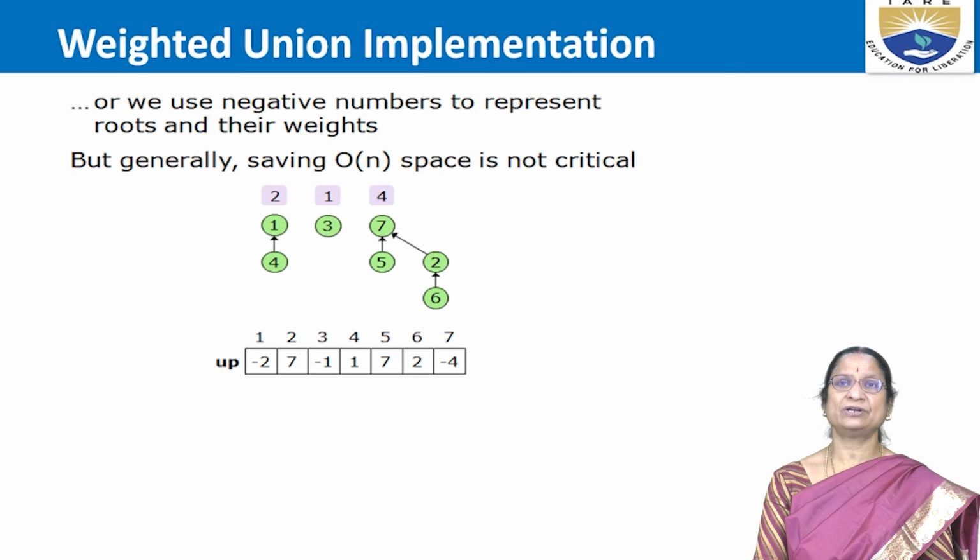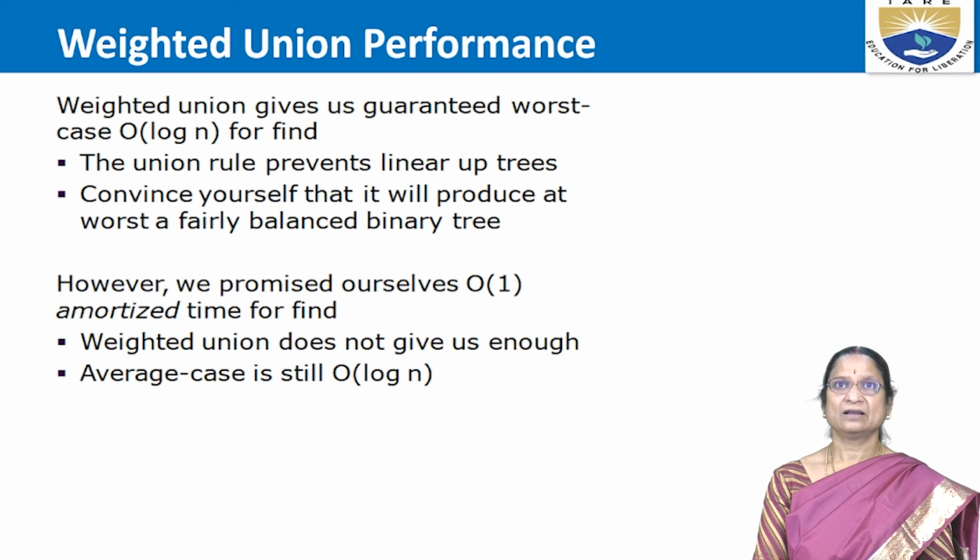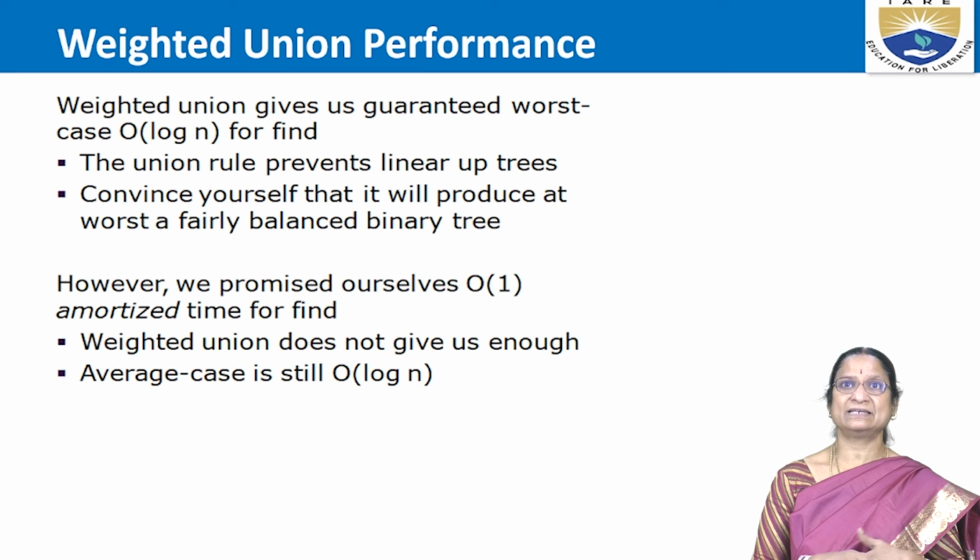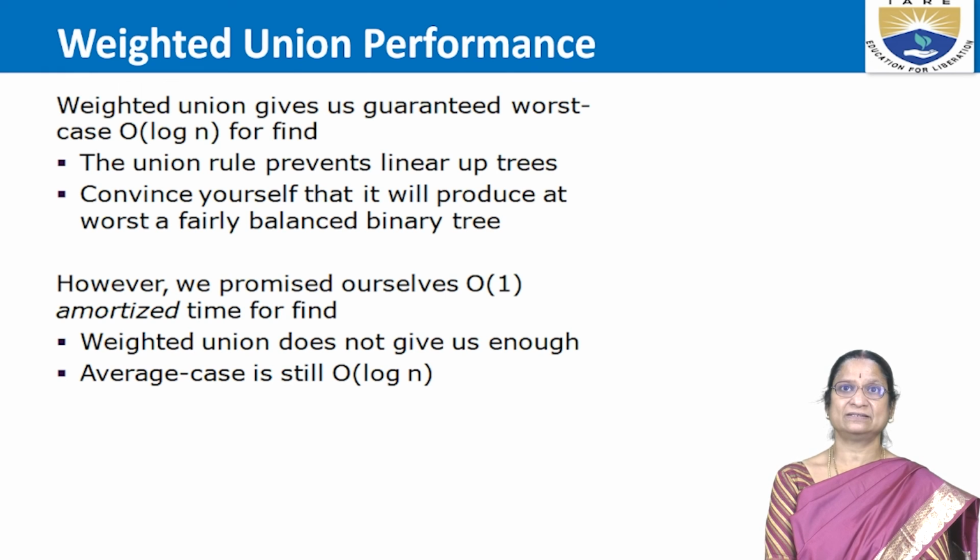Of course, space is not critical in certain cases, but to save space this can be done. Weighted union performance is good because it represents the height. So the find algorithm is order of log n, and the union rule prevents linear up-trees; skew trees are prevented because of weighted union.